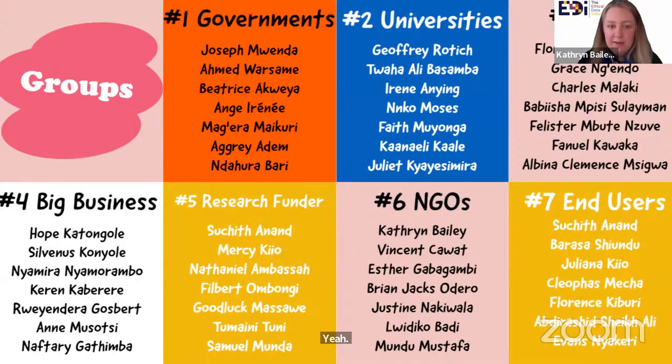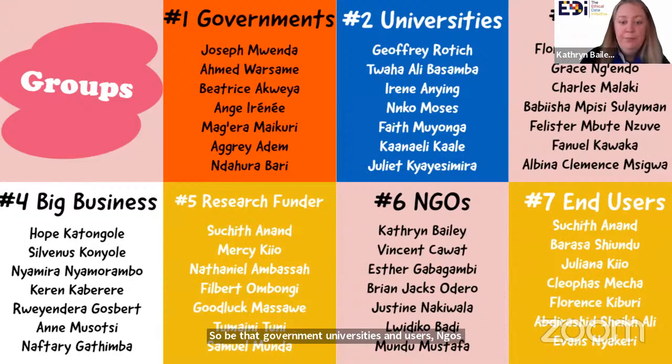So it will be easier if each of your groups appoints a chairperson, and then you can feed back to the group afterwards. And what we'd like you to do is put yourself in the mindset of the stakeholder group that you're representing, so be that government, universities, end users, NGOs. Okay, we'll just share quickly the document again.